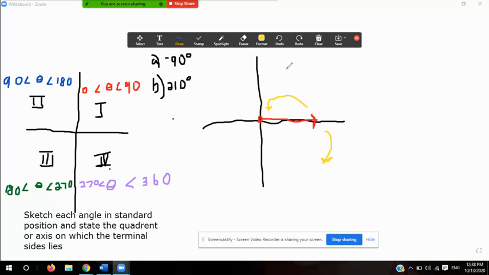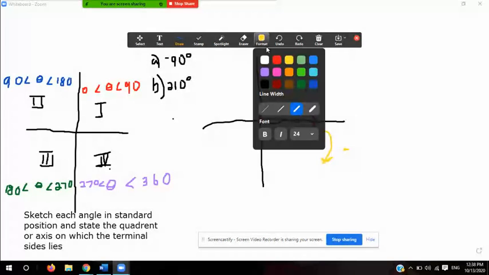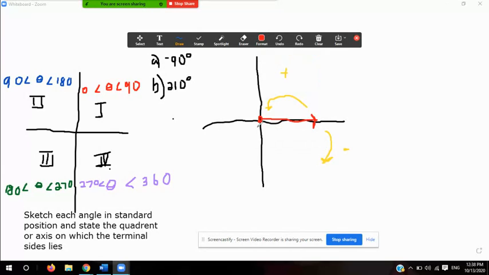So this is a positive rotation again, and this is a negative one. If we have negative 90, then that means that the rotation is not going this way counterclockwise, but rather clockwise. So that means that the terminal side of the angle would actually be down here. So if it's in standard position, here is where my terminal side would be.